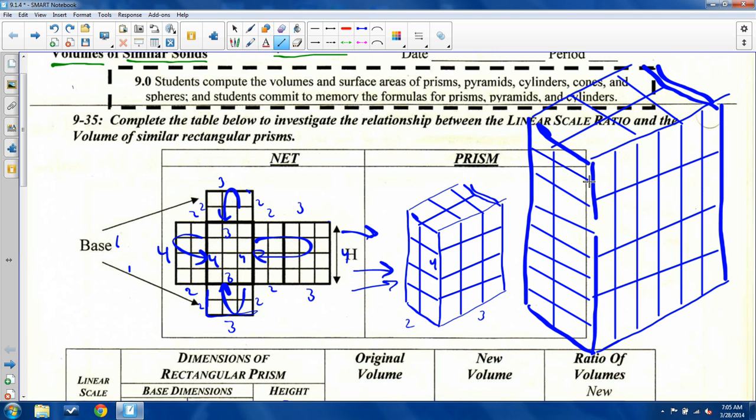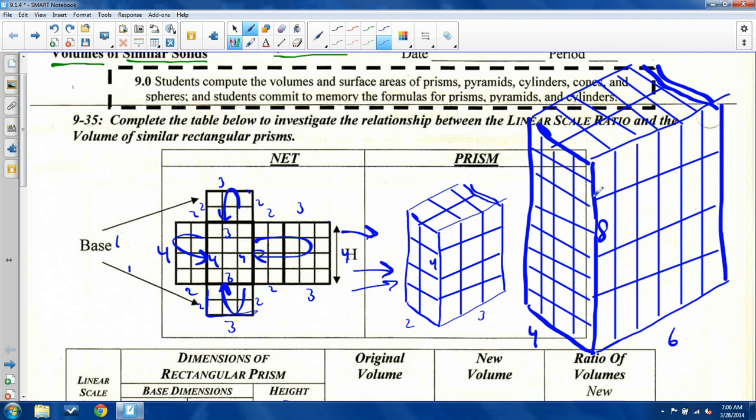You can count them up. Instead of 2 here, this is 4. Wait, did I say instead of 8, this is 4? I meant to say instead of 4, it's 8. And that's a bad drawing, but 6 across. So now we can look at these 2 different shapes. This is now 4, 6, and 8.